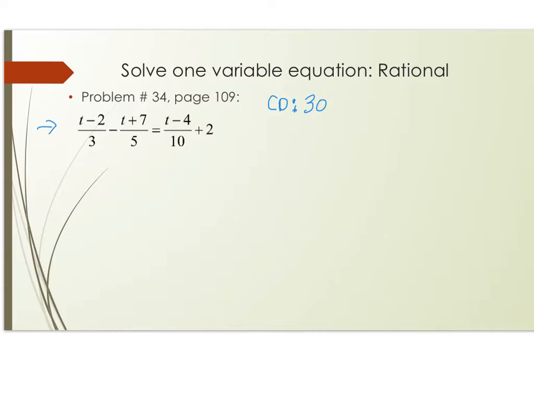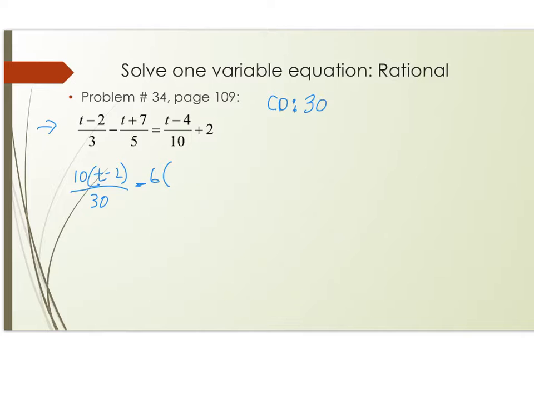When I do that, I adjust the first one. I'm going to multiply both the top and the bottom by 10 for the first fraction. So I get 10 times t minus 2 all over 30. The second fraction, I'm going to multiply both the top and the bottom by 6.